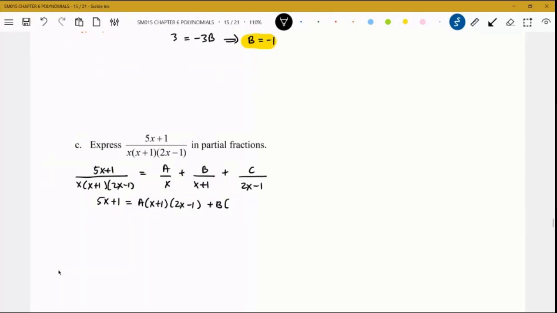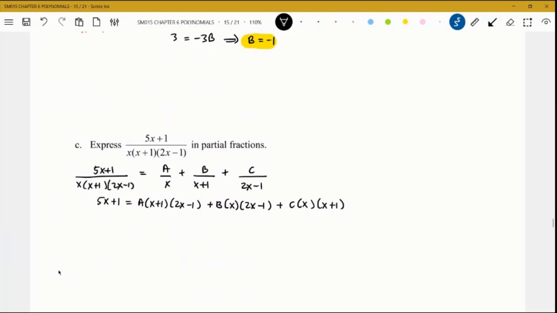Kita perlu darab dengan? X dengan 2x tolak 1. Good. So we need the single x and 2x minus 1. And then the C, we already have 2x minus 1. So kamu perlukan x dan juga x plus 1 untuk C. So x plus 1. Okay, so we already have it as a one line.